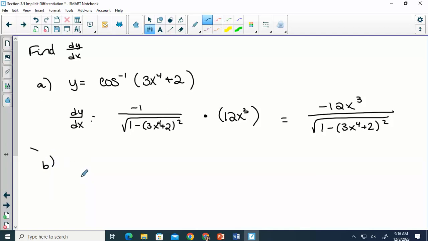Let's say I gave you tangent inverse x cubed y equals 5x plus 4xy cubed.